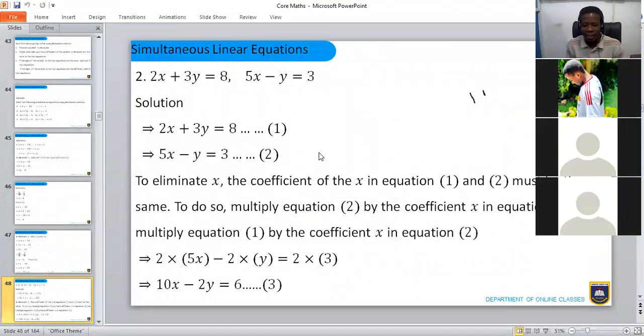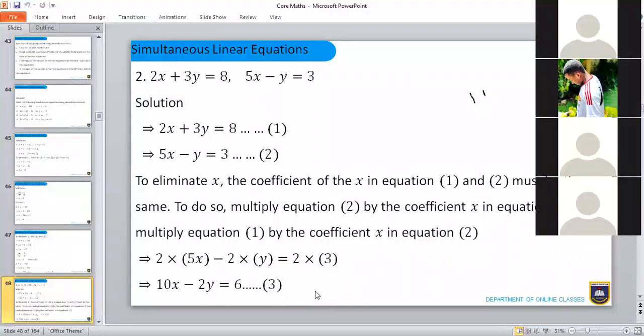Sometimes there will be a variable which has the same coefficient and another variable which does not. If that happens, make sure that you choose the easiest way. Just use the variable that has the same coefficient. That is easy and simple.